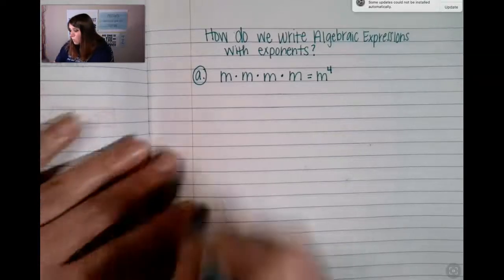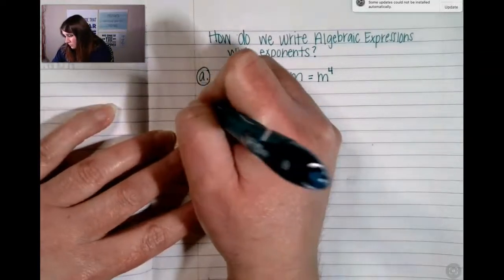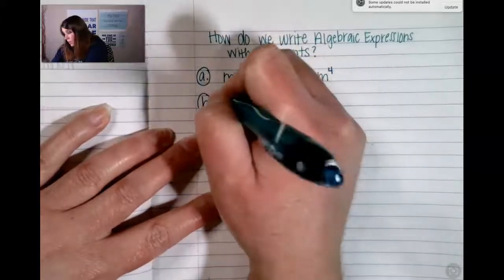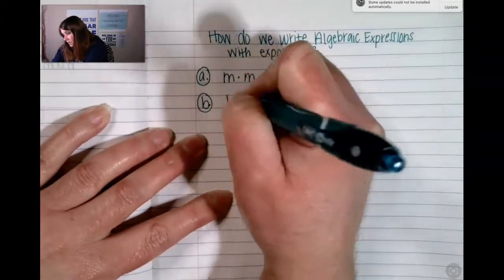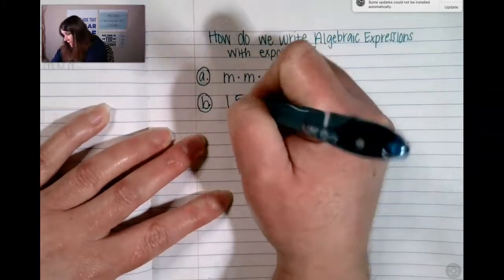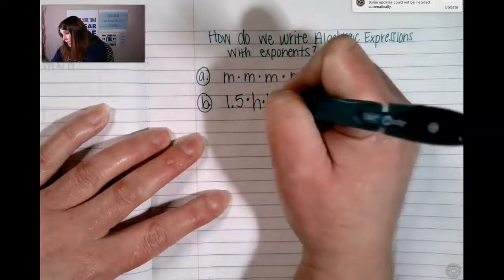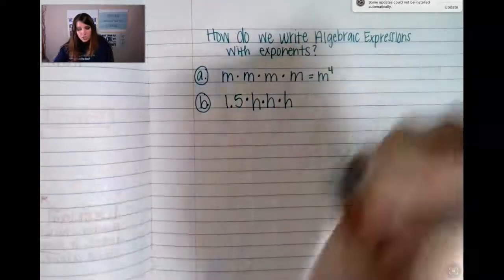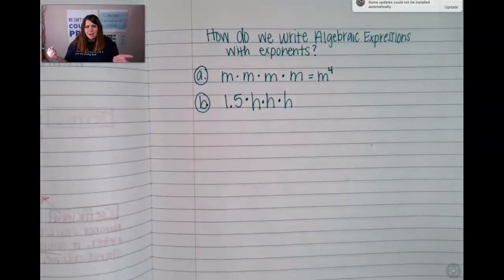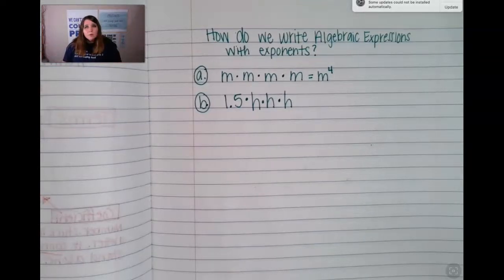Okay, what about this one? This one, we have 1.5 times H times H times H. How would you write something like that? Okay, now we have numbers and letters. Mind blown, right? No, don't freak out.